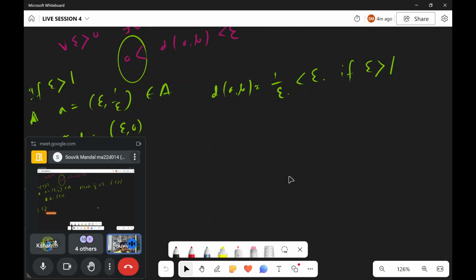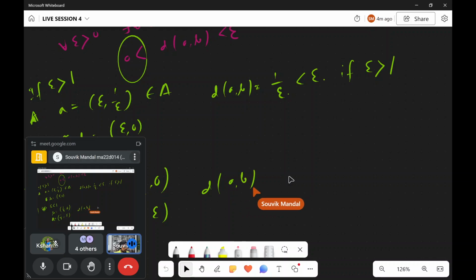And if epsilon is less than 1, you can take b to be equal to 1 by epsilon comma 0 and the point a to be equal to 1 by epsilon comma epsilon.